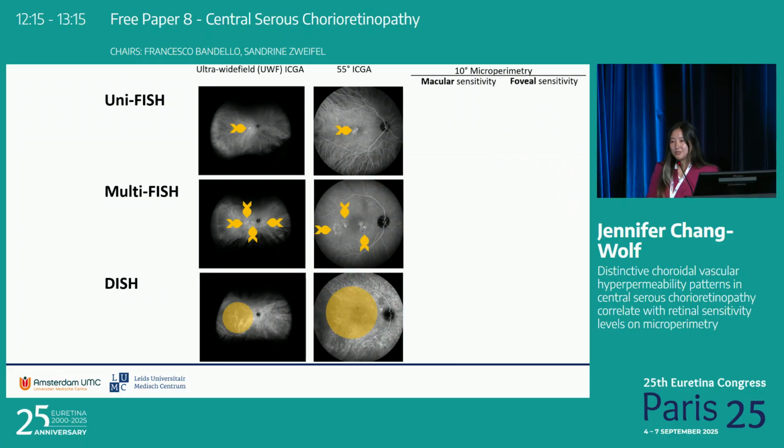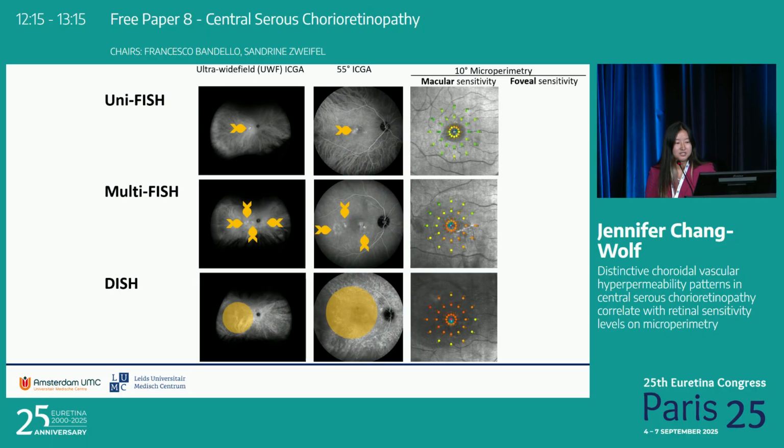And so coming back to this graphical display of unifish, multifish, and dish, you can see on macular sensitivity broadly that there already seems to be a correlation between the chronicity and worsening function. And also, if you zoom in on foveal sensitivity, this was suggestive of a correlation.